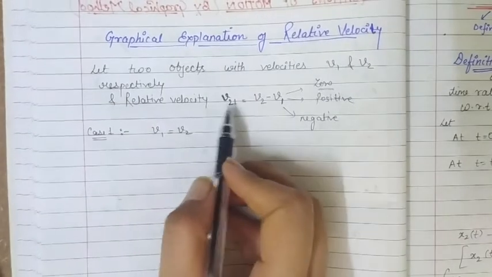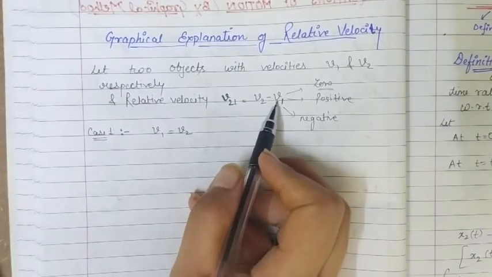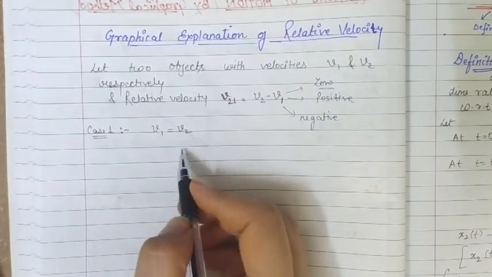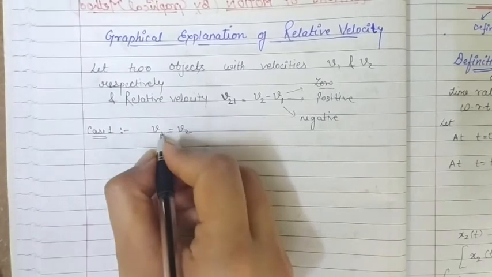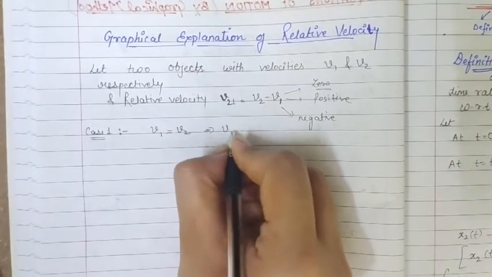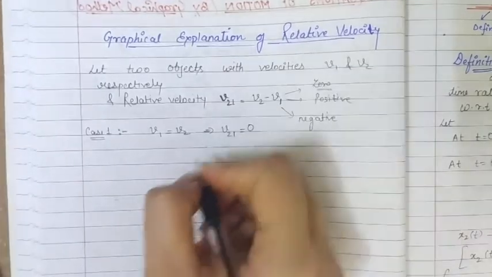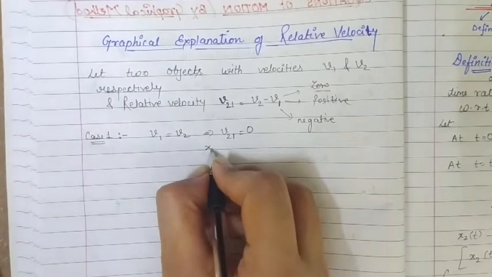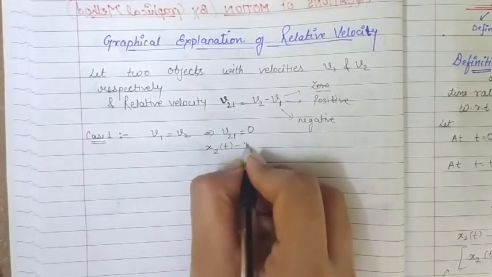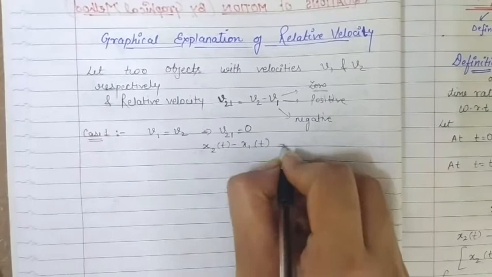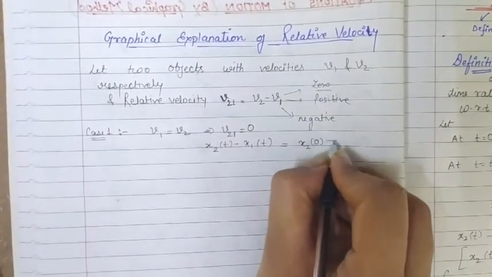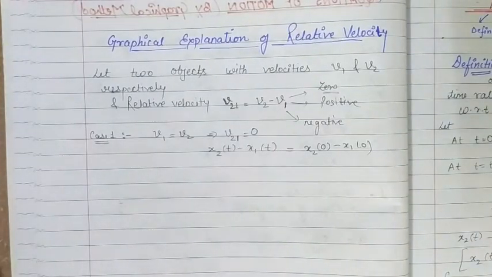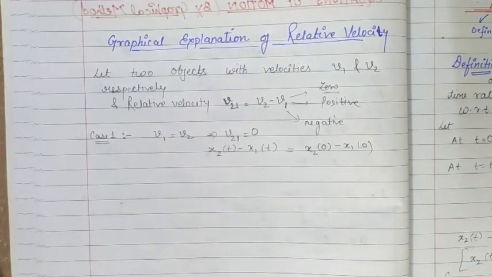In that case, case 1 is v1 equals v2, which implies v21 is equal to 0, and that means x2(t) minus x1(t) is equal to x2(0) minus x1(0). This means that the two objects remain a constant distance apart throughout their motion.